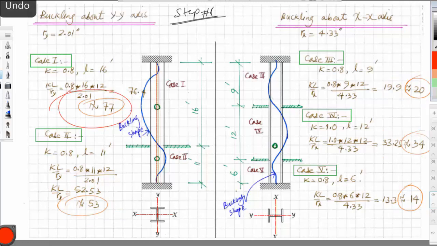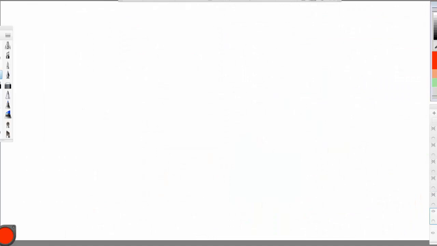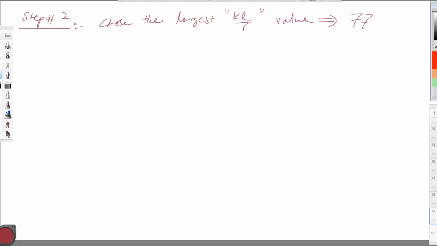So this will be the KL over R. So step number 2 is, I'll choose the largest KL over R value, and this case is equal to 77. And of course this is unitless.